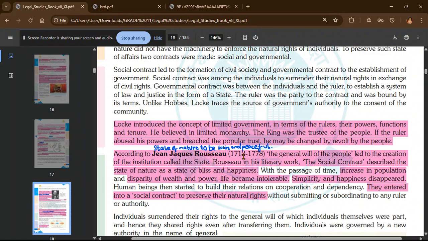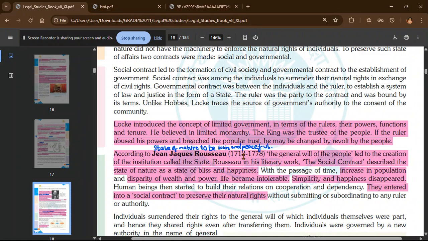According to Jean-Jacques Rousseau, the general will of people led to the creation of the state. Rousseau, in his literary work The Social Contract, described the state of nature to be bliss and happiness.